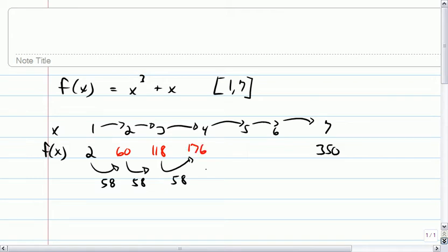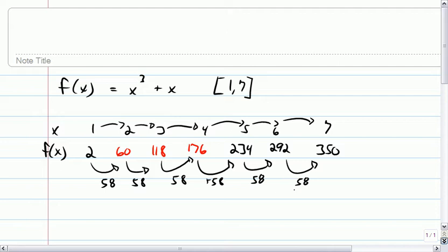And if you add 58 to 176, you get 234. And if you add 58 to 234, you get 292. And then if you add 58 to 292, you get 350.